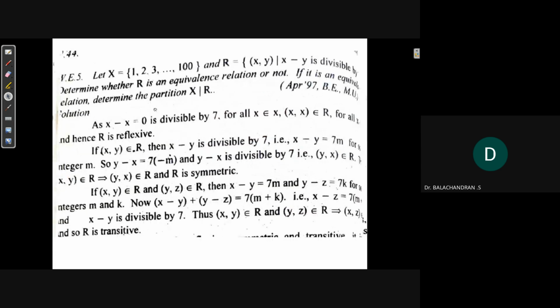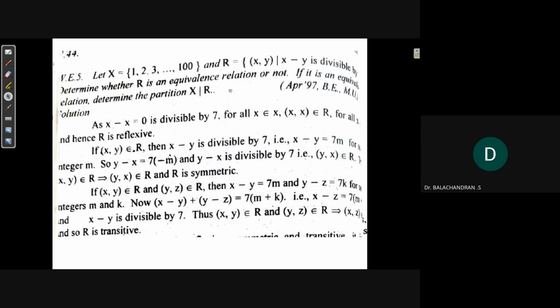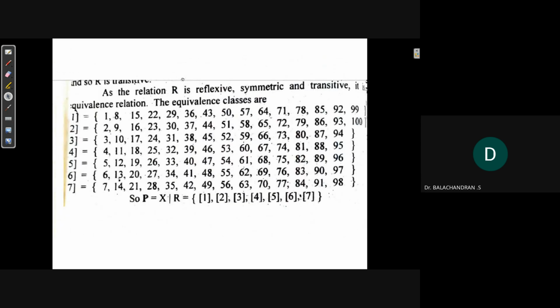The second question is: if it is an equivalence relation, determine the partition of X determined by R. What are the equivalence classes here? Because you have 1 to 100, I'll take 1. So 1, 8, because the difference should be divisible by 7, and then 15, and similarly. The equivalence class of 1 is the same as that of 8, which is the same as that of 15, and so on.